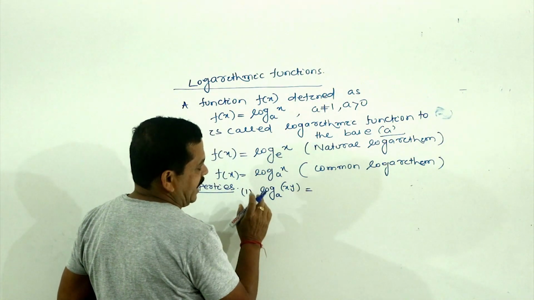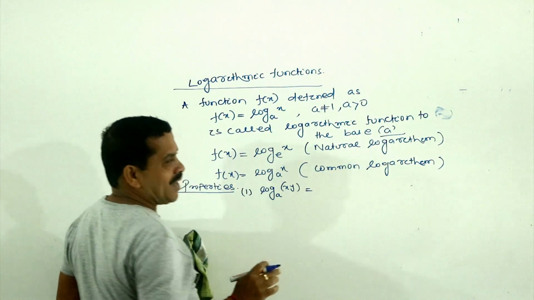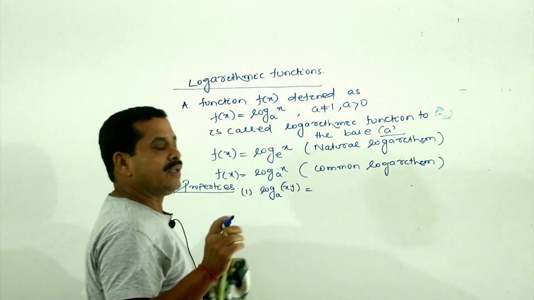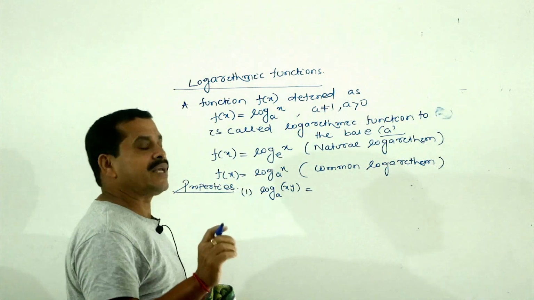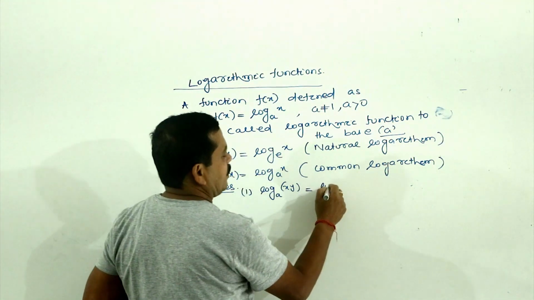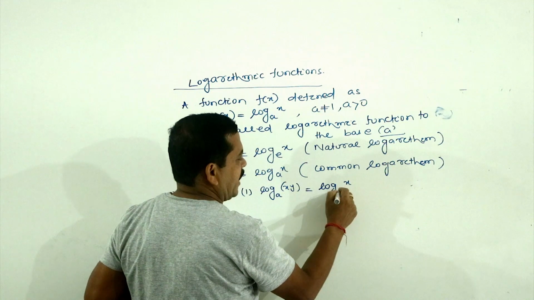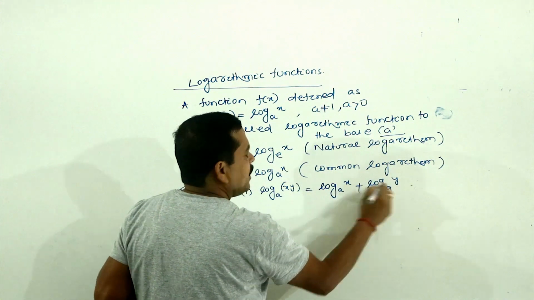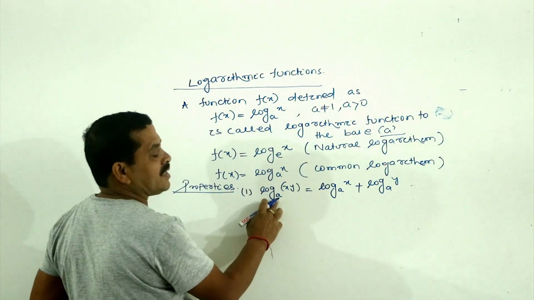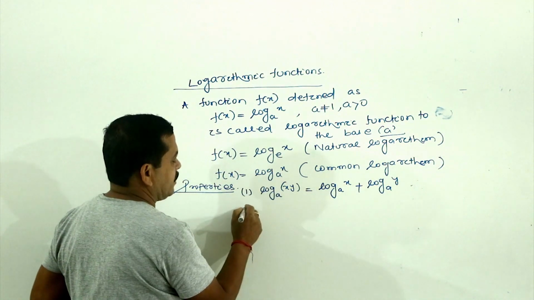Sometimes students read it as log a to the power xy. That is wrong. Log xy base a is equal to log x base a plus log y base a. Base e has the same properties.